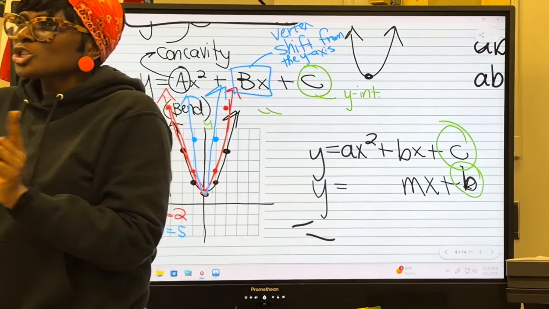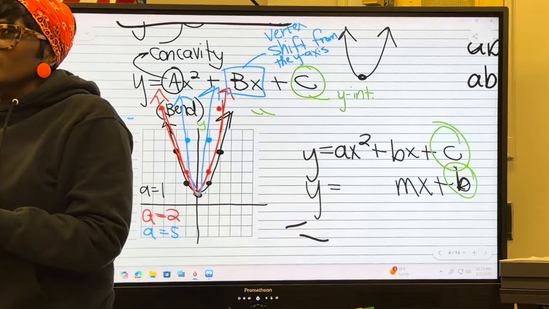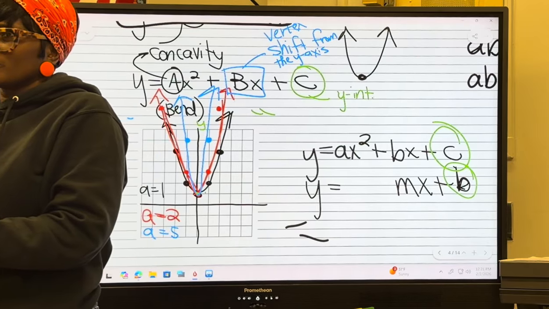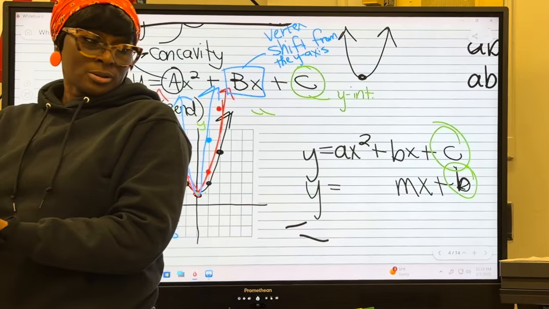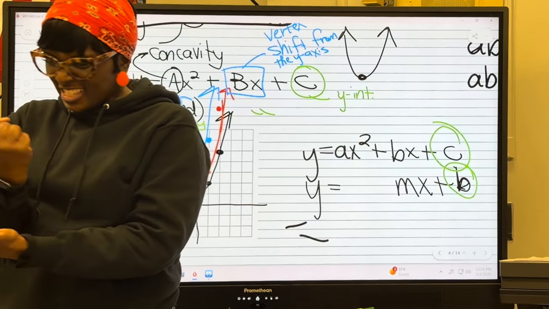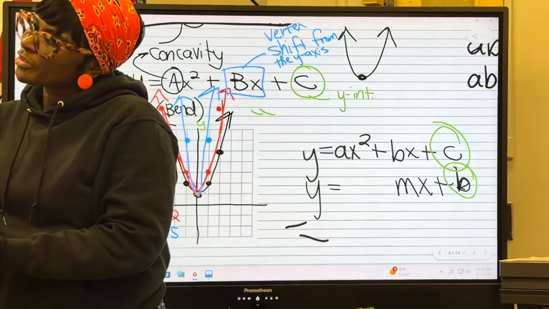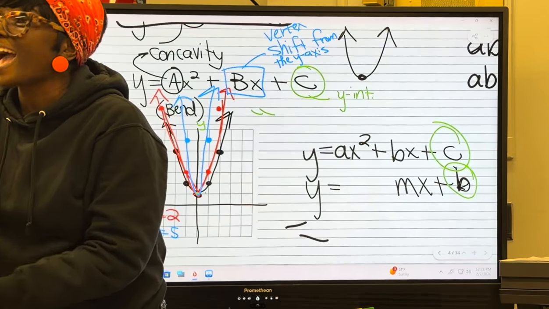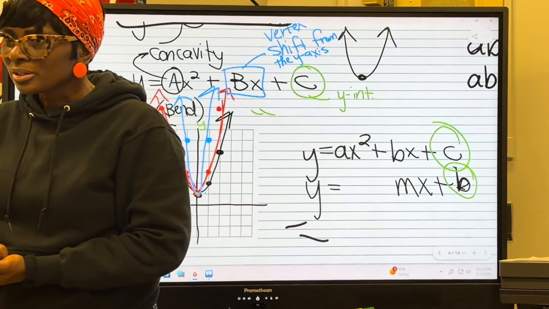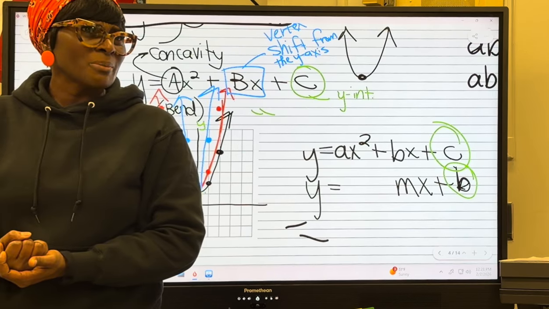So if there is no shift, then wherever that vertex is sitting, that is the y-intercept. Remember, it didn't go to the left, it didn't go to the right. It's sitting on the y-axis. So the vertex is actually the intercept, because it didn't go anywhere. Are y'all following me? Does that make sense?